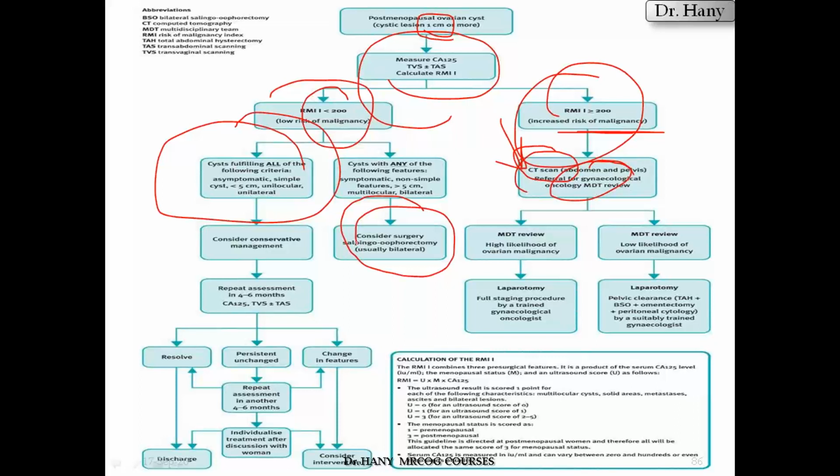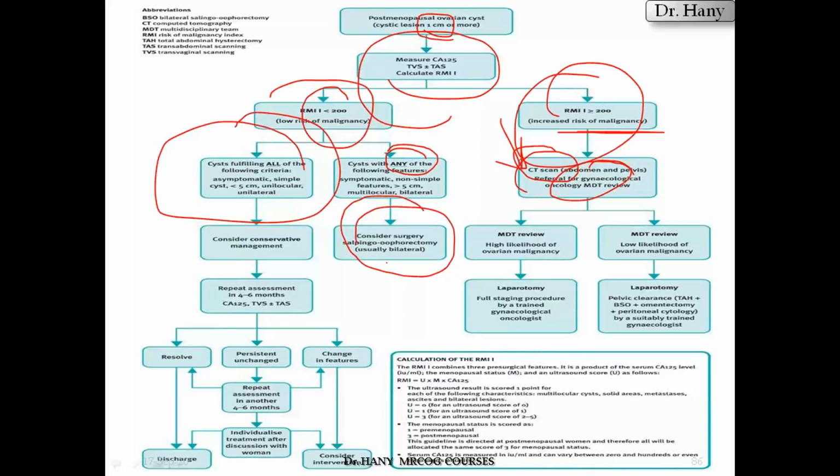If the cyst is symptomatic, non-simple, more than 5, multilocular or bilateral, any one of these, with a 1 centimeter cyst and risk of malignancy index less than 200, bilateral salpingo-oophorectomy.